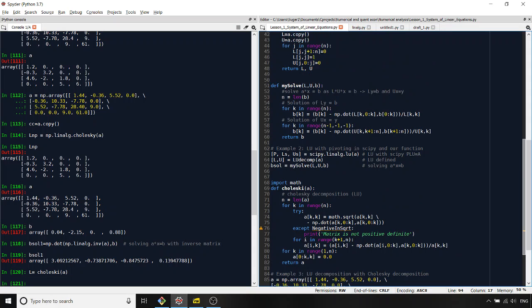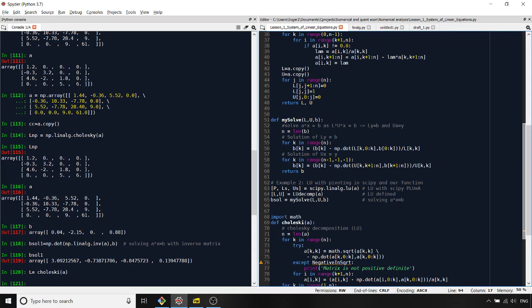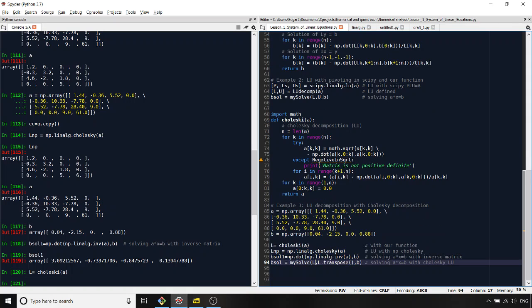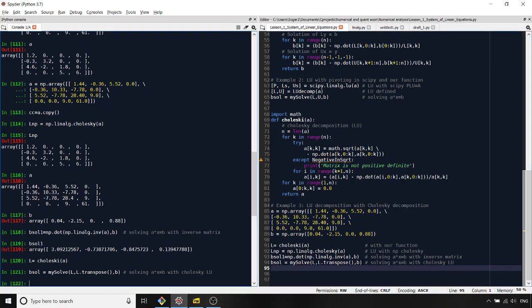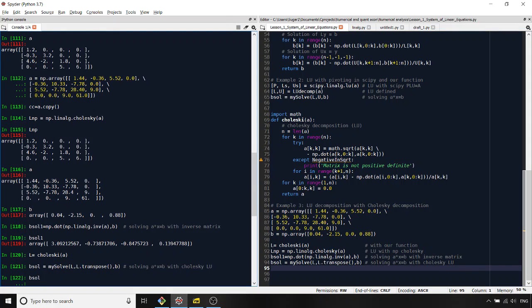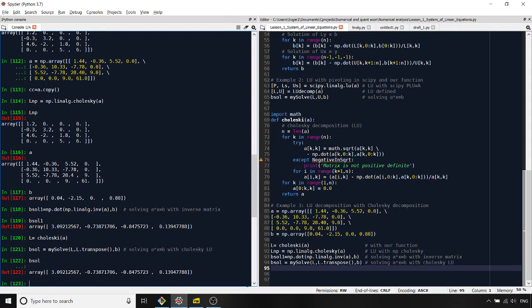My solver is, as you know, using lower and upper triangular matrices. So lower is L, upper will be L transpose, and B solve will be just the same as the one we found using the inverse matrix method.